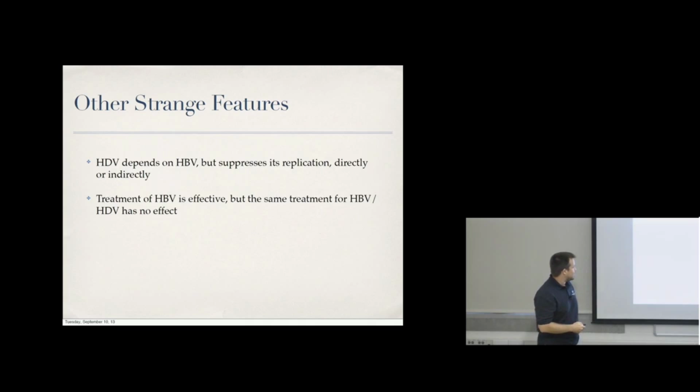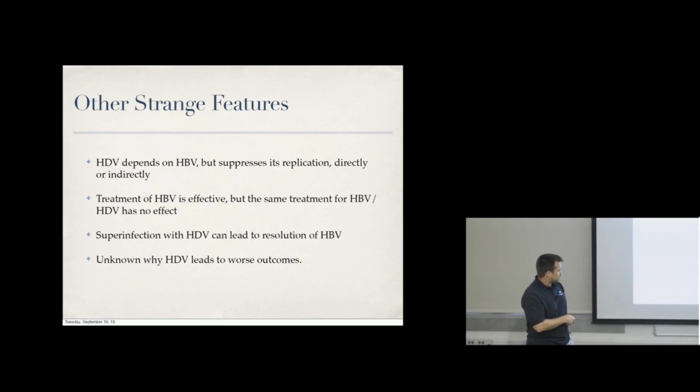It turns out that for at least some of these treatments, for example lamivudine, if you take a treatment that does work against chronic hepatitis B and give it to a co-infected patient, it basically does nothing. That's something that I'd like to see if I can get a model to reproduce, right?